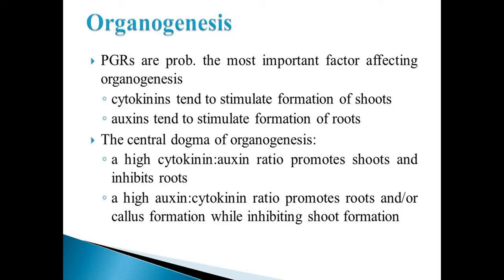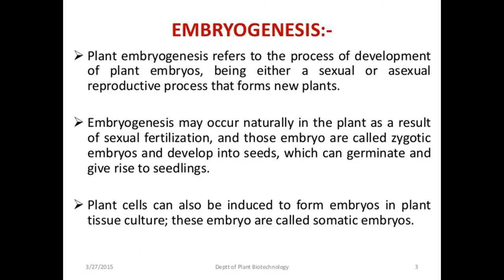Now here is the central dogma for organogenesis, that is we have the ratio for the promotion of shoot and root. If there is a high cytokinin to auxin ratio, then it promotes the shoots and inhibits the root, and if there is a high auxin to cytokinin ratio, then it promotes the roots and callus formation while inhibiting the shoot formation. So these are the vice versa formations, or we say the vice versa central dogma for organogenesis.